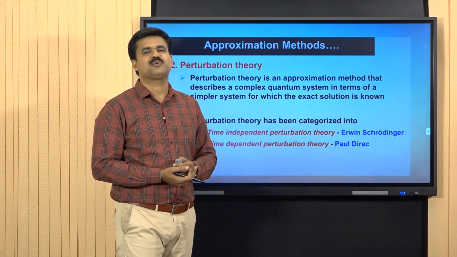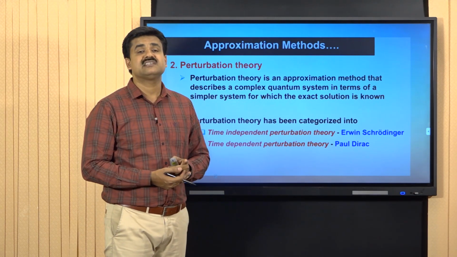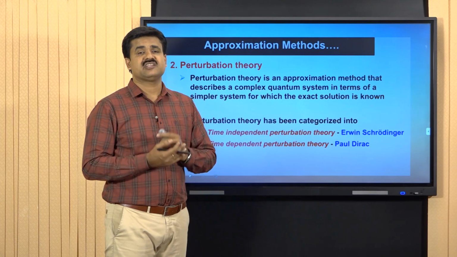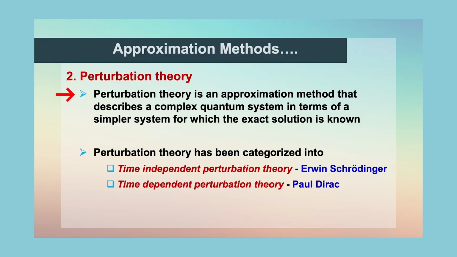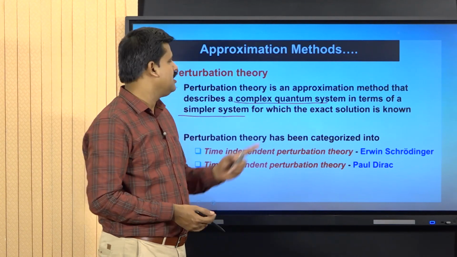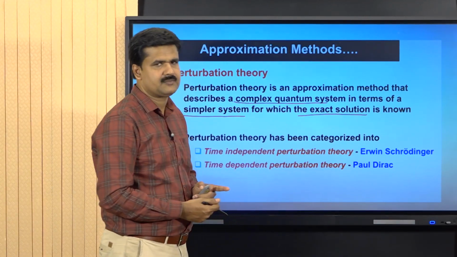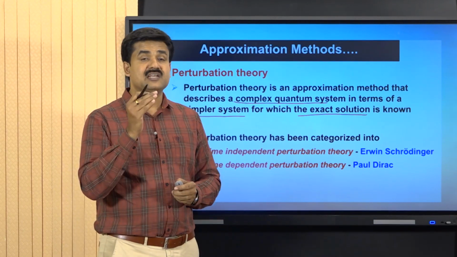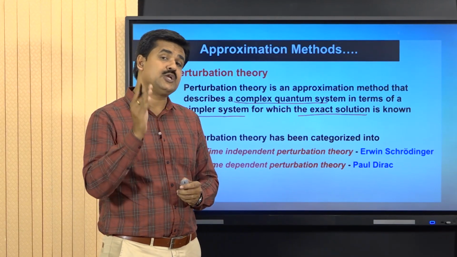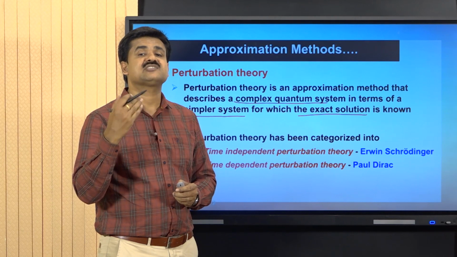The second approximation method is named the perturbation theory. Perturbation theory is an approximation method that describes a complex quantum system in terms of a simpler system, but the simpler system has a known, exact solution. This simply means that perturbation theory finds the solution to one problem in terms of a problem which is already solved previously.